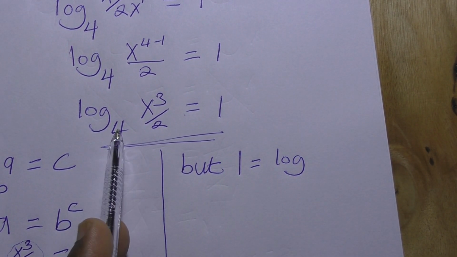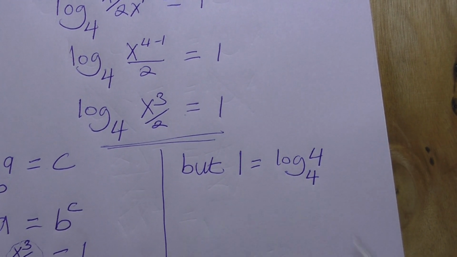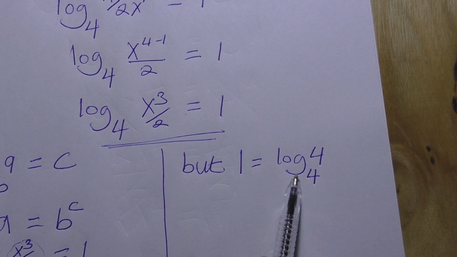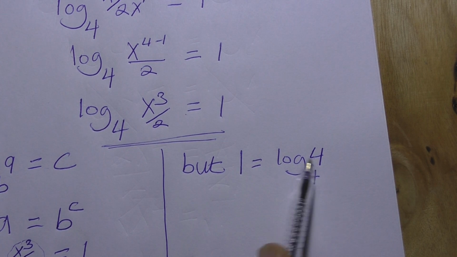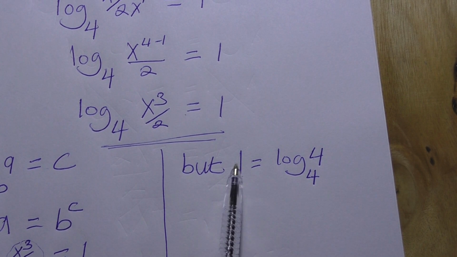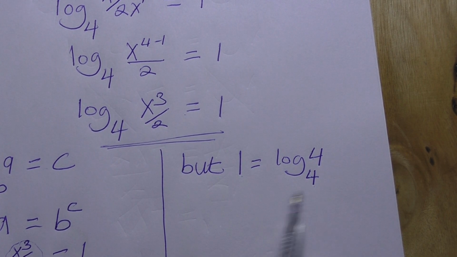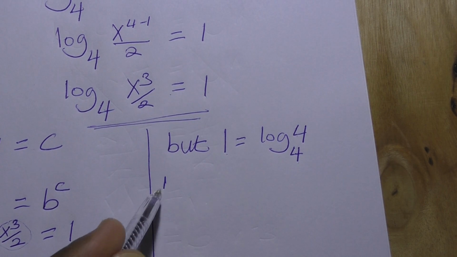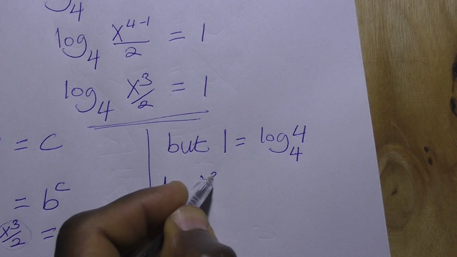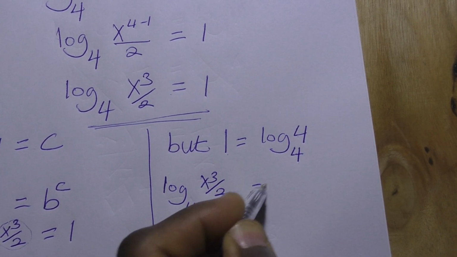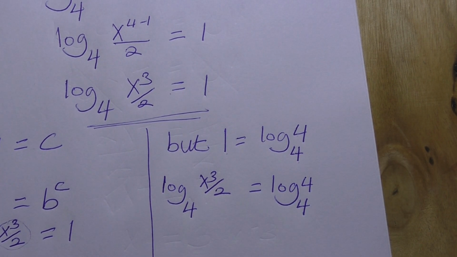Since they have used the base 4, remember, we said that when the base is the same as the power, that equals 1. So we can replace the 1 with log 4 base 4. That gives us log base 4 of x cubed over 2 equaling log 4 base 4.